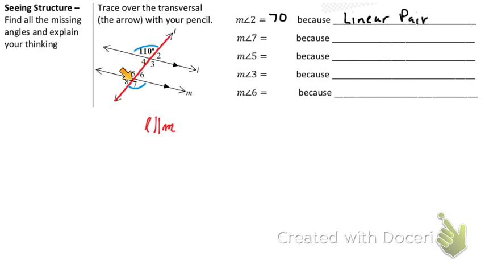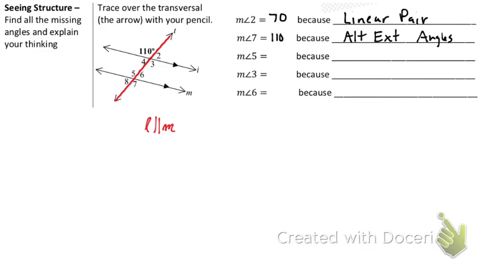Angle 7 is on the right side, so they are alternating sides. So this is alternate exterior angles, and because these lines are parallel, we know alternate exterior angles are congruent. So 110 and angle 7 have the same measure. So we can now say angle 7 is 110 degrees by alternate exterior angles.